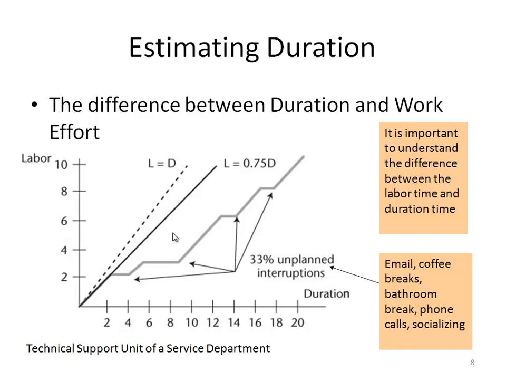This chart actually shows the difference between the work effort and the duration. Also, the chart shows that 33% of employee or worker time is unplanned interruptions, such as replying to personal email, coffee breaks, bathroom breaks, phone calls, and socializing with other colleagues.